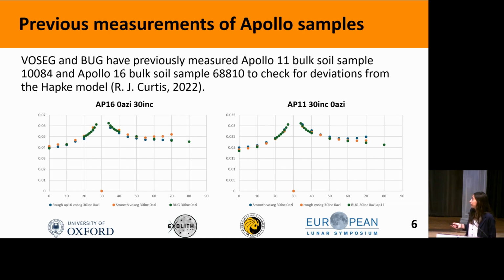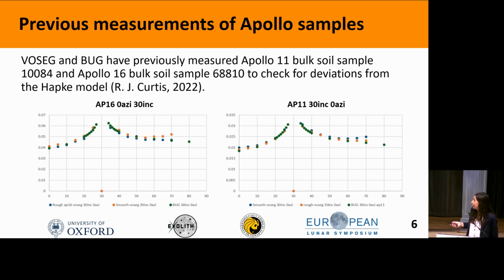I'm only going to point out here that, as we saw in the technical list, VOSEC doesn't do less than 4-degree phase angle. Well, BUG used to do it, but you can see in the plot, the colors are not really good, but basically green is BUG and orange and blue is VOSEC on Apollo 11 and Apollo 16.